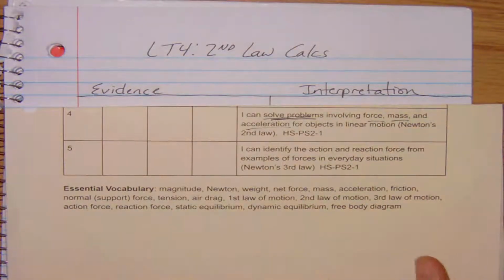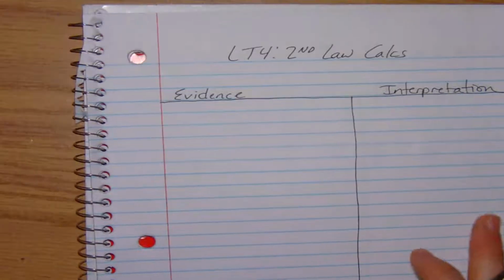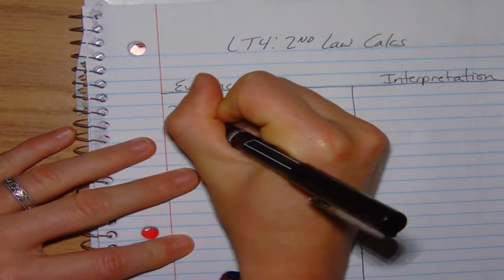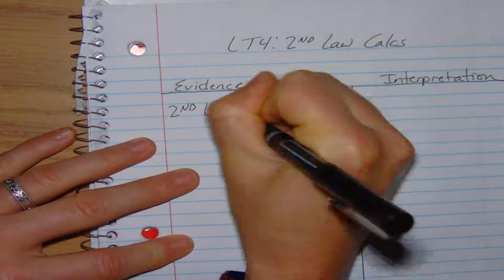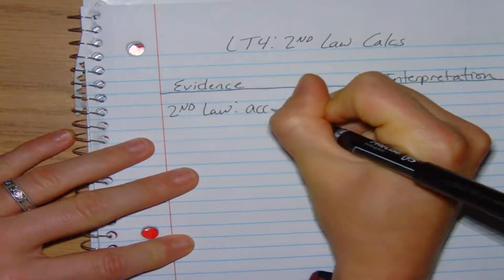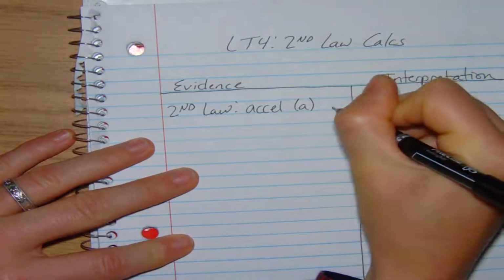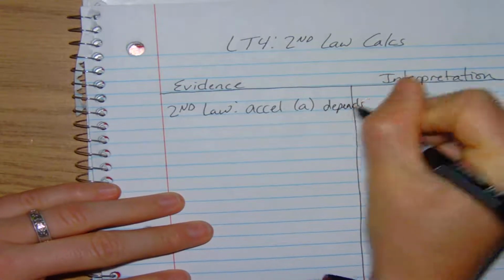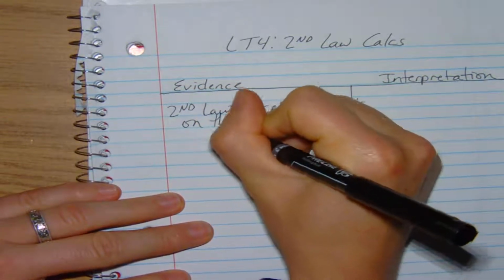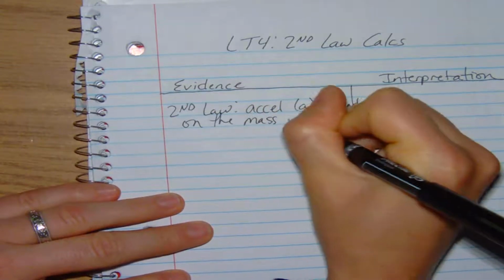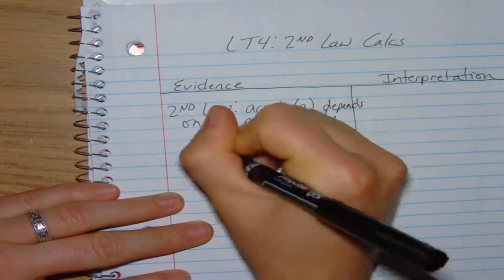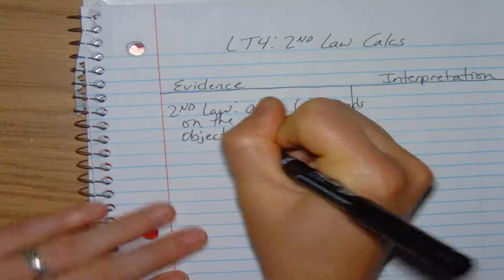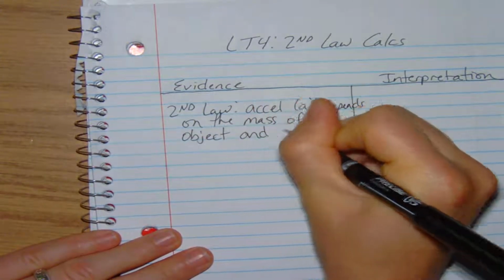All right, so first thing we're going to do is talk about what is the second law in terms of just like a Google definition. And the law says that acceleration, which is A, depends on the mass of the object and the amount of force applied.